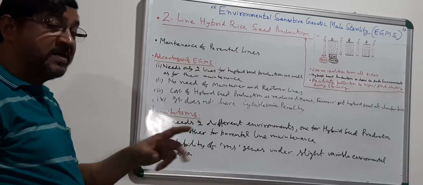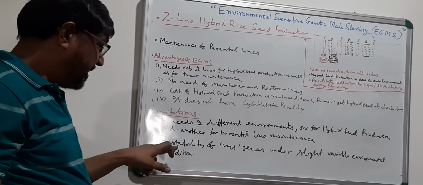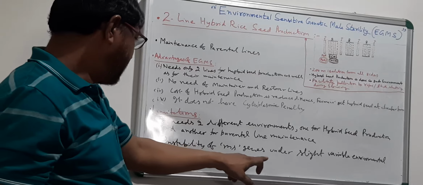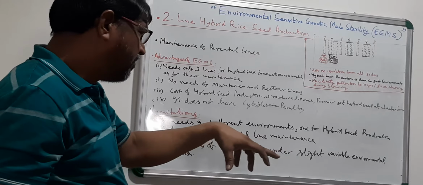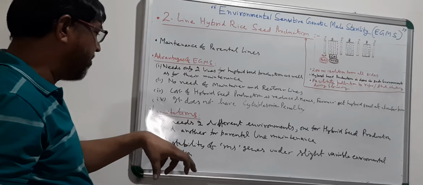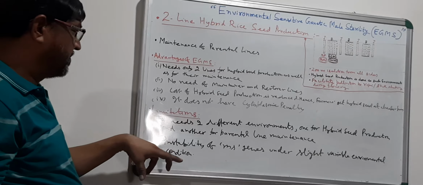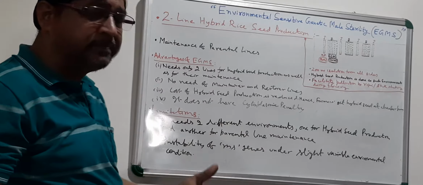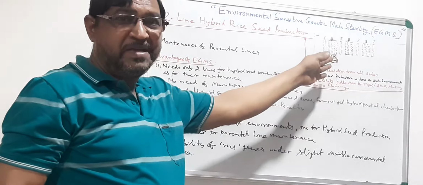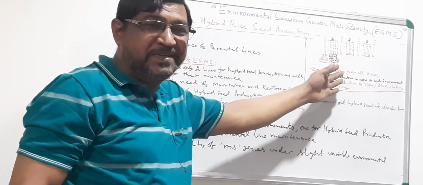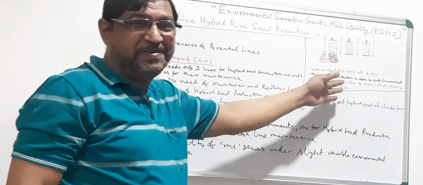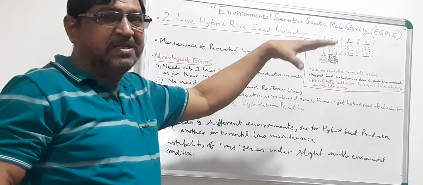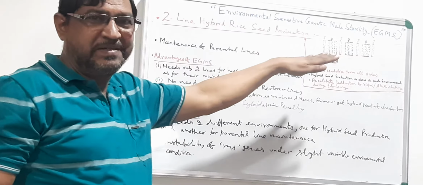Second, instability. This is a little bit problematic. Instability of MS genes under slightly variable environmental conditions. If you are growing for hybrid rice seed production using TGMS, you are thinking that the temperature will stay beyond the critical point.